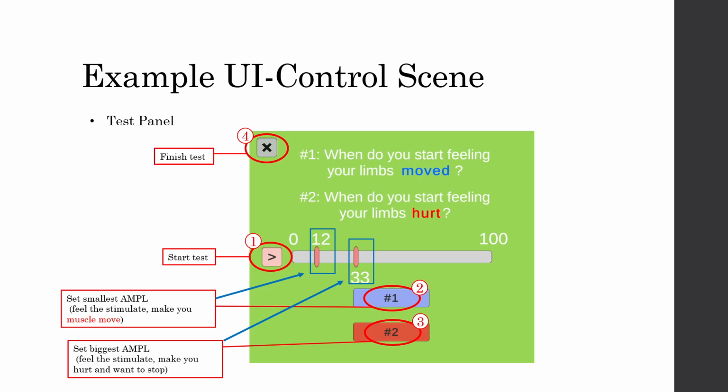The behavior is just feeling strong. The red button means you feel like your limbs are hurting and you want to stop it. After you press the red button, the stimulation amplitude is at its biggest, the value you set in your project.